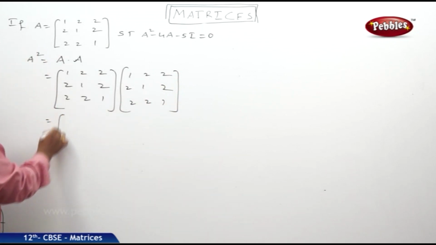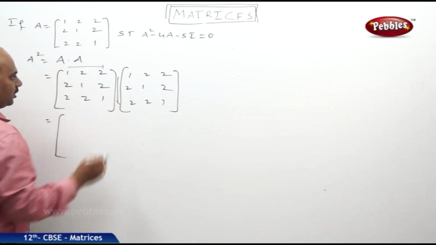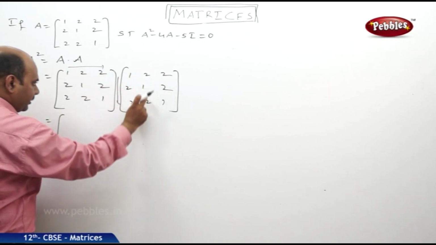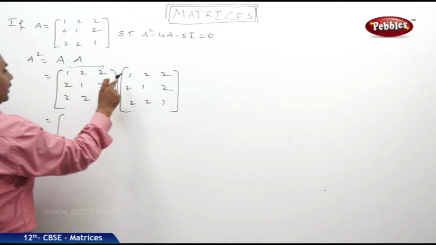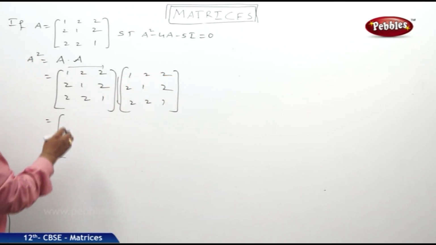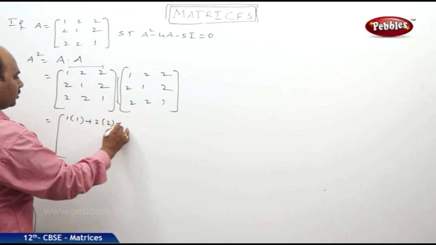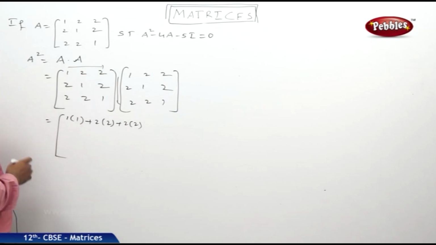So we need to multiply. The first row should be multiplied with the first column, again the first row with the second column, again the first row with the third column. So what happens? 1 into 1 plus 2 into 2 plus 2 into 2.